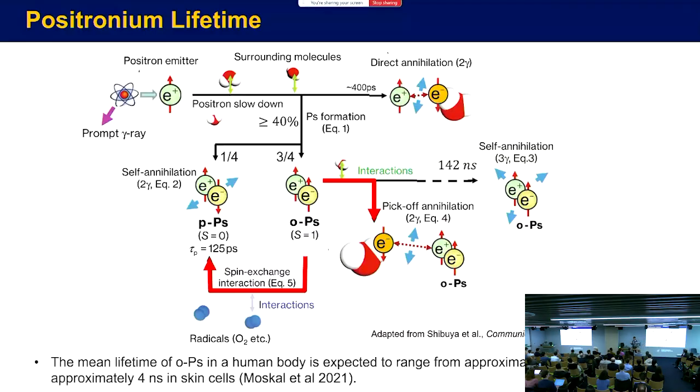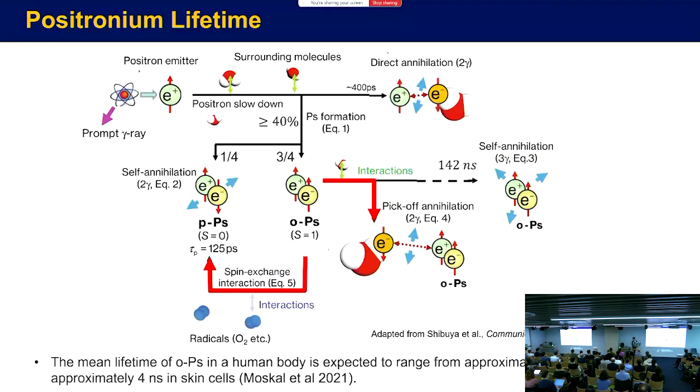Therefore, inside tissue, the lifetime of orthopositronium is roughly estimated to be around 2 to 4 nanoseconds, which is much shorter than 142 nanoseconds. So this really gives us information about oxygen concentration and also the tissue structure, that is, the availability of electrons to perform this pick-off annihilation.